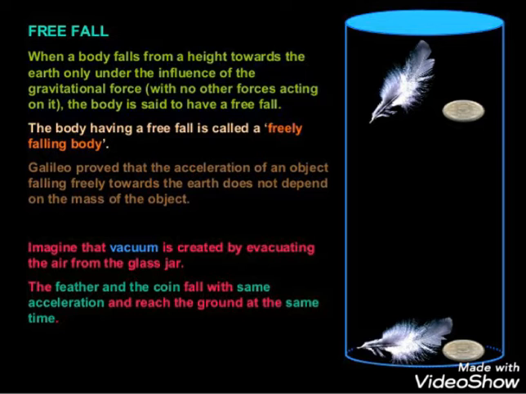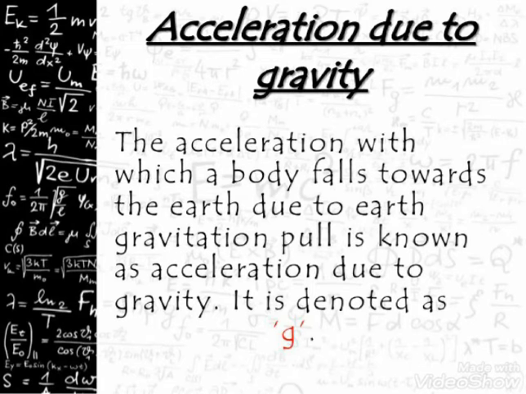So acceleration due to gravity is the acceleration with which a body falls towards the earth due to Earth's gravitational pull, and it is always denoted by small g.